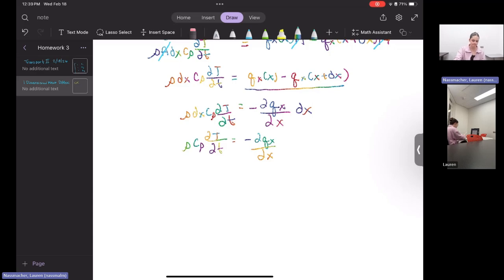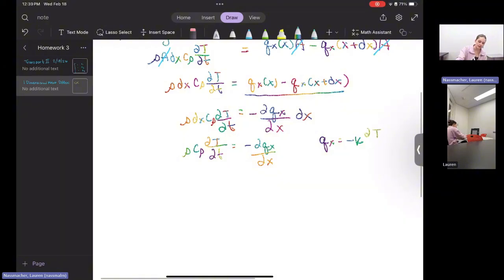There we go. And as you've noticed, we haven't used Fourier's law yet, so let's implement that. Heat flux is equal to negative thermal conductivity multiplied by the rate of change of temperature with respect to distance.